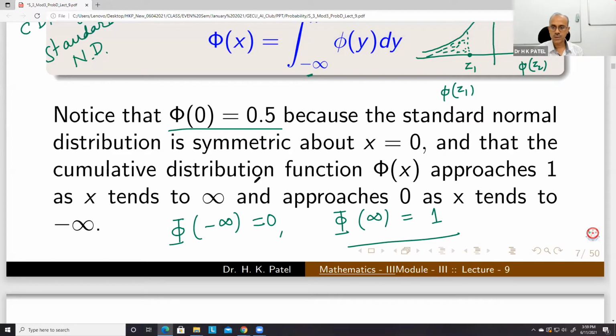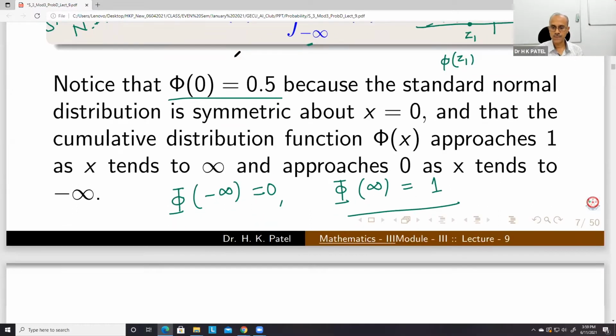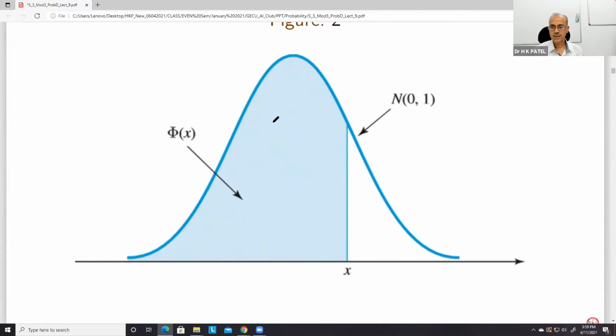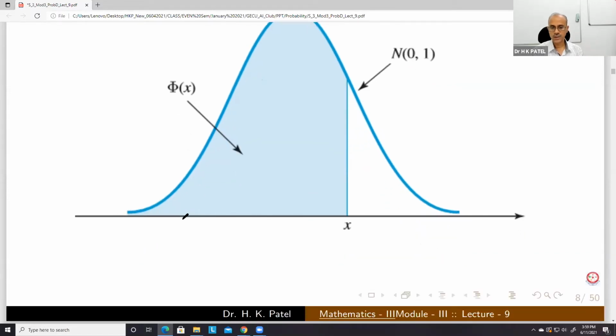So these are some properties of the cumulative distribution function. This graph shows that at any point x, phi of x will be this shaded area, or blue area, that is the area from minus infinity to x.